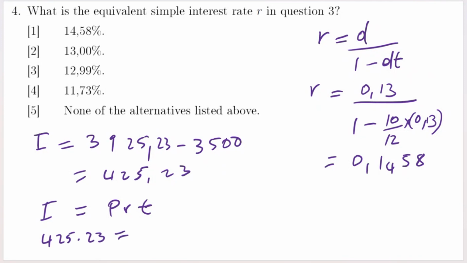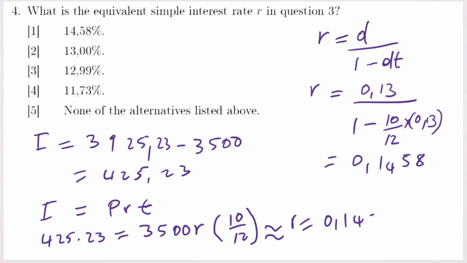I know my present value, it is 3,500. I don't know my r, that's what I'm looking for. The time is 10/12. Okay, this implies that if you make r the subject of the formula, you find that your r is 0.1458.